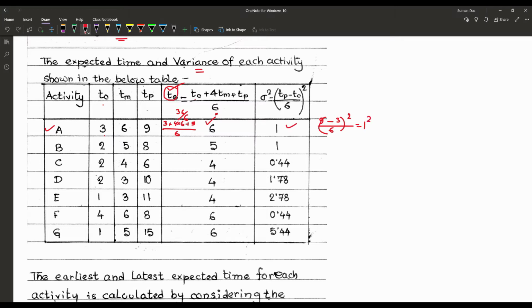In that way we have found the expected times of every activity and their variances. The expected times are 6, 5, 4, 4, 4, 6, 6, and the variances are 1, 1.44, 1.78, 2.78, 0.44 and 5.44.